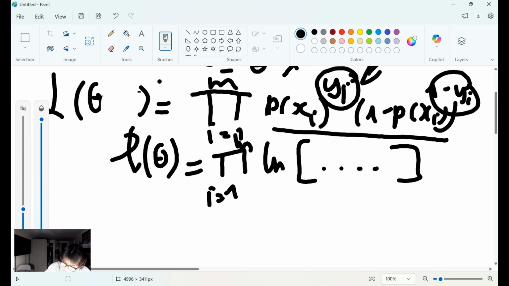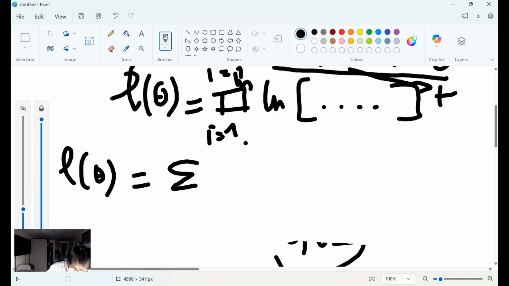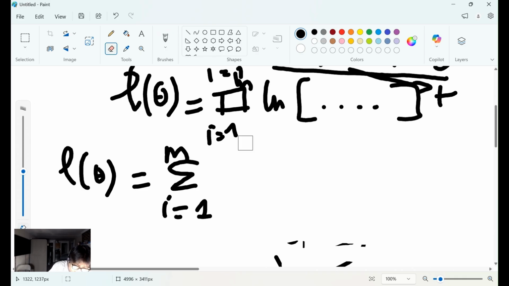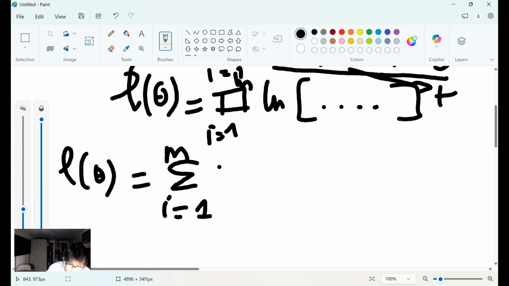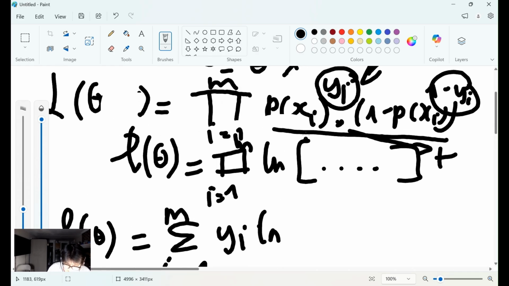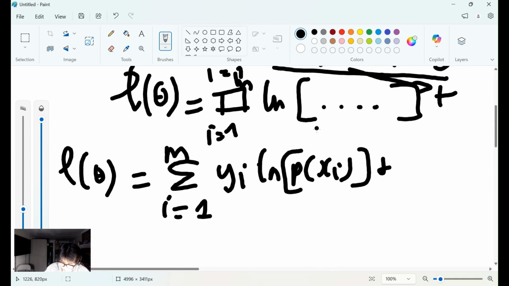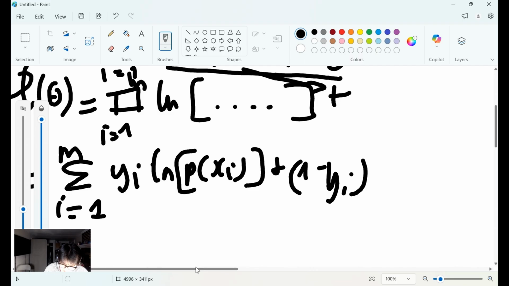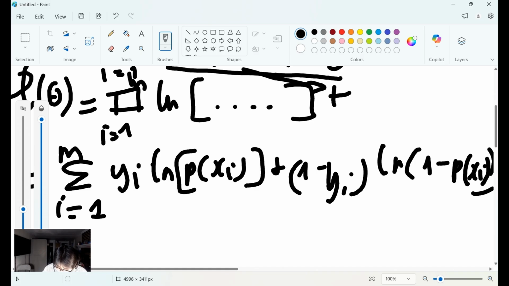So notice that there are powers right here, and this is a multiplication which can be turned into a summation of natural logarithms. So it becomes the sum from i equals 1 to m of yi multiplied by the natural logarithm of p(x, y), plus 1 minus yi multiplied by the natural logarithm of 1 minus p(x, y).